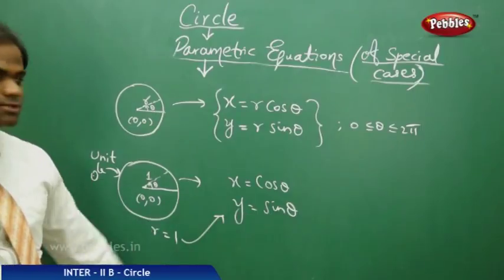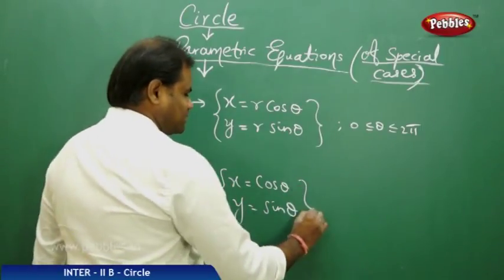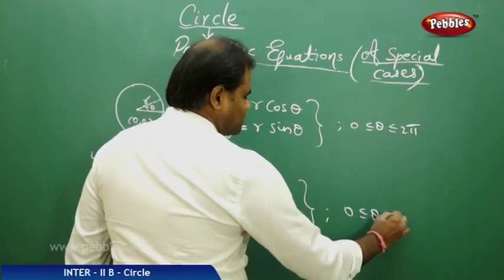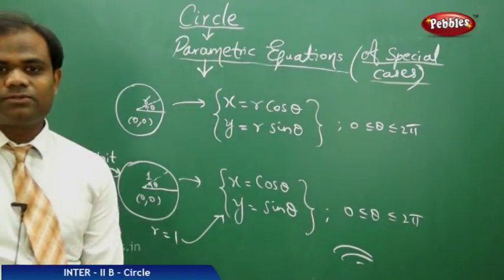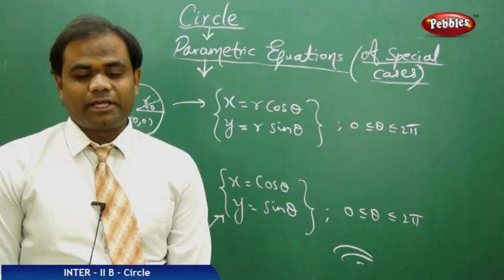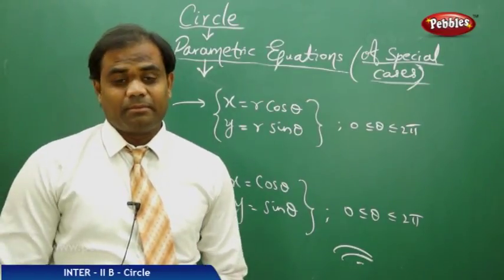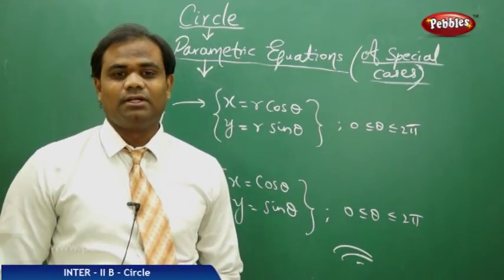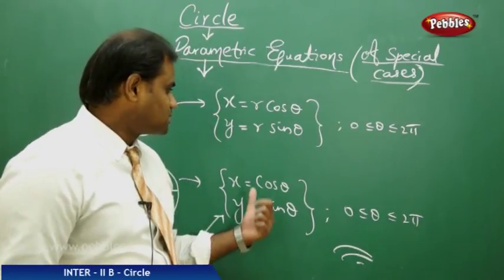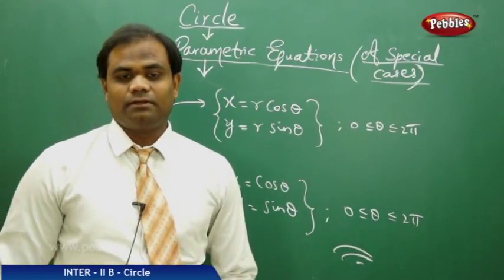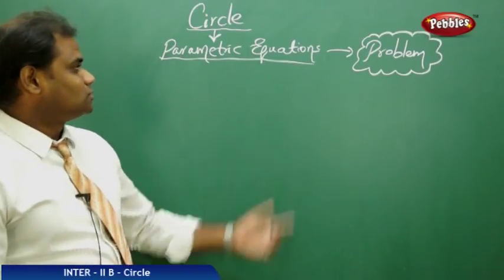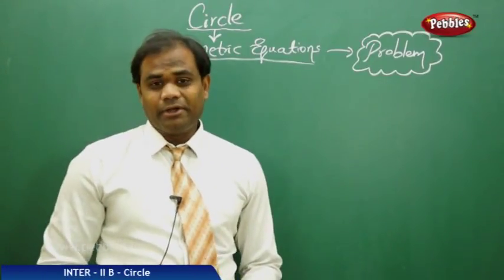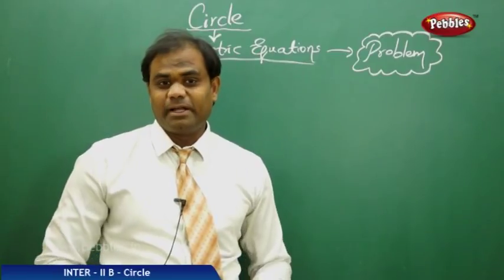It reduces to x equals cos theta and y equals sin theta, with 0 less than or equal to theta less than or equal to 2 pi. So the different cases have different parametric equations of the circle connecting the radius and the angle theta. Now let's take one example problem to understand the parametric equations of a circle better.